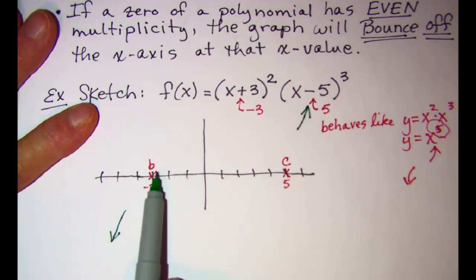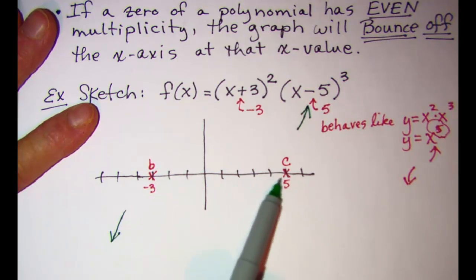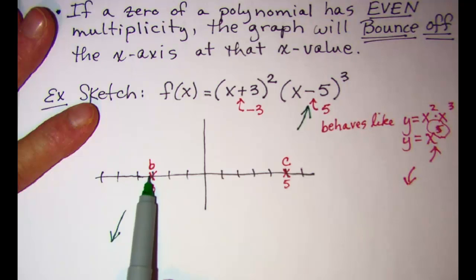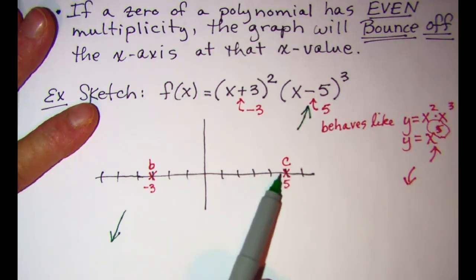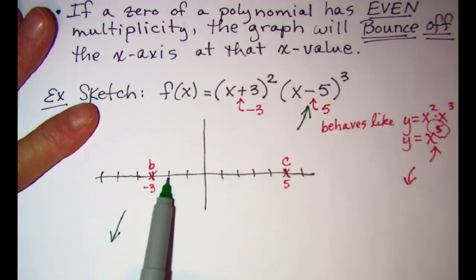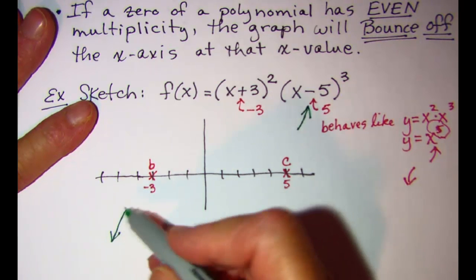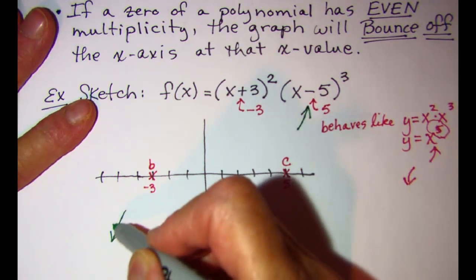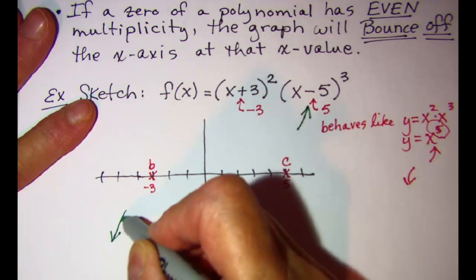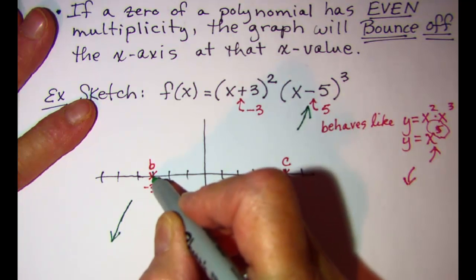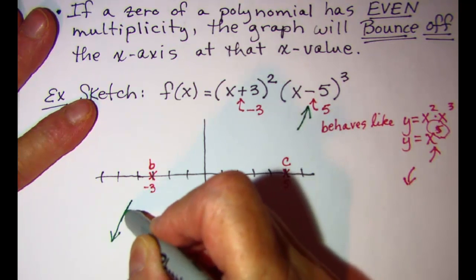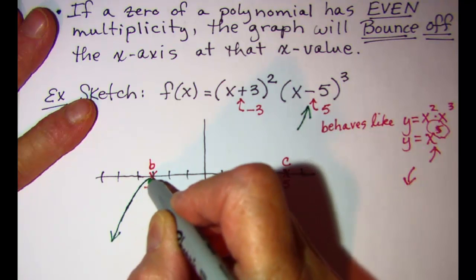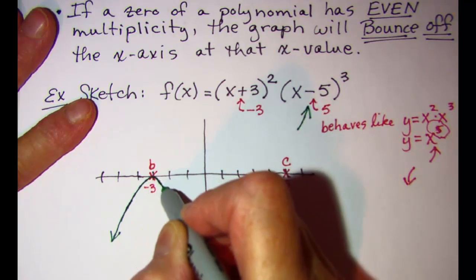Now notice that I'm not going to be worried about doing anything in between these two red X's because I don't have any zeros or anything happening in between there. So I'm just going to come in from below, negative infinity, and when I hit this zero, I have to bounce off the axis. So I'm going to hit that axis and bounce off.